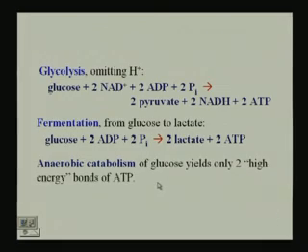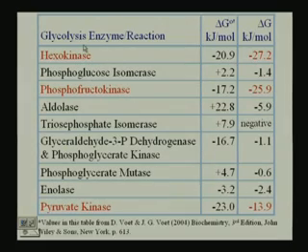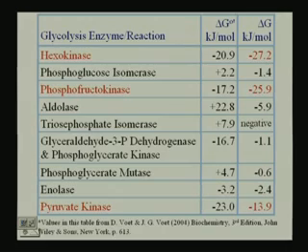bonds of ATP. So, if we look at the glycolysis enzyme reactions, we have hexokinase, phosphofructokinase and pyruvate kinase. Each of these has a specific delta G0 prime associated with it, a delta G0 prime meaning that we are considering the cellular, or rather body, temperatures in calculating the delta G0 values, where the temperature we consider is not 25 degrees centigrade, but 37 degrees centigrade.